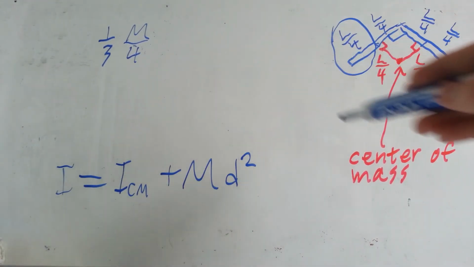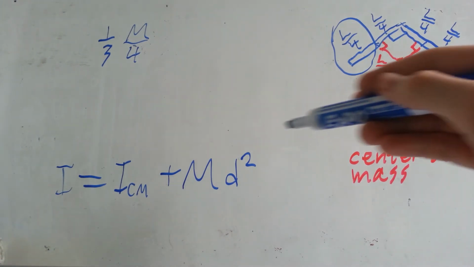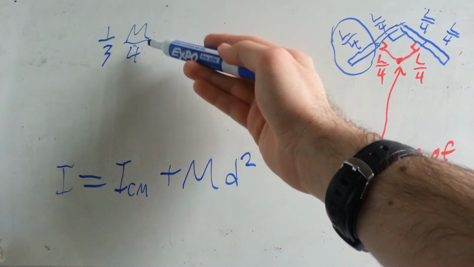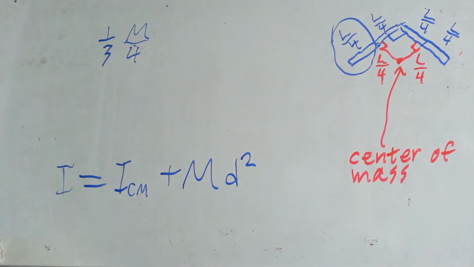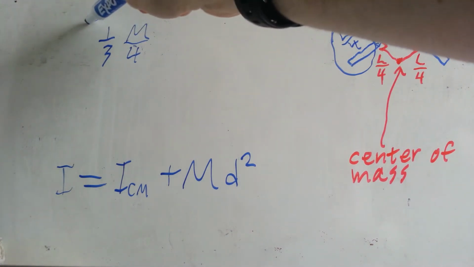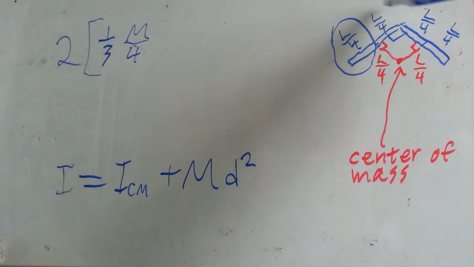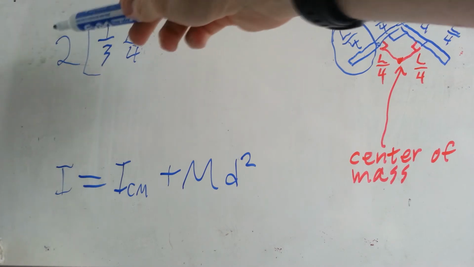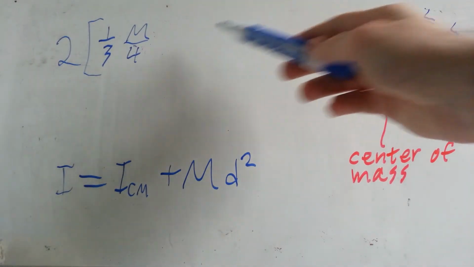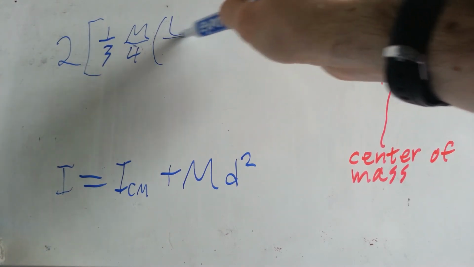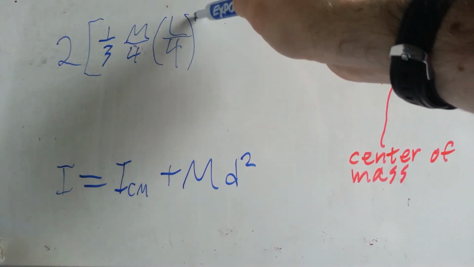We're finding the moment of inertia of that slice. So that's 1/3 times m over 4, and we're going to be multiplying that whole thing by 2 later so that we get both. So it's 2 times 1/3 times m over 4 times L over 4 squared.